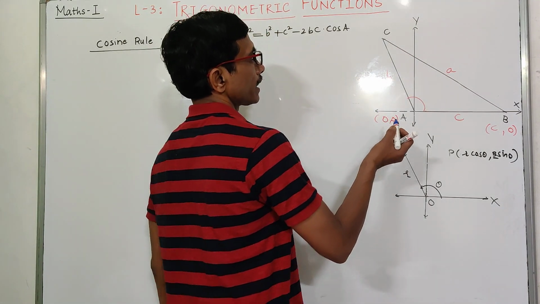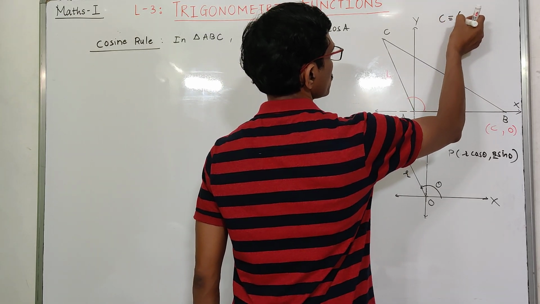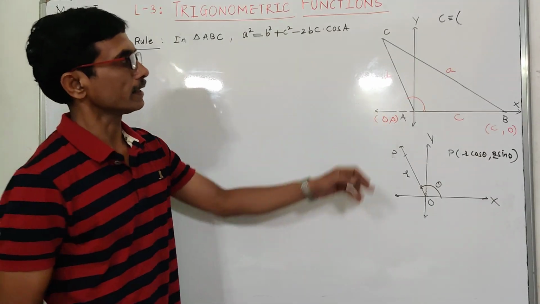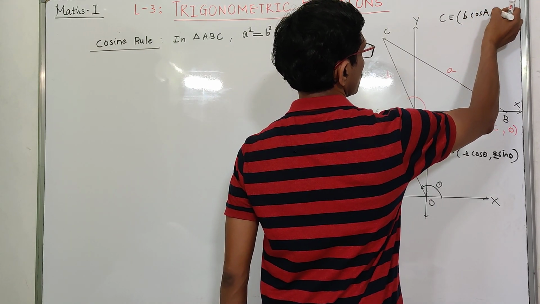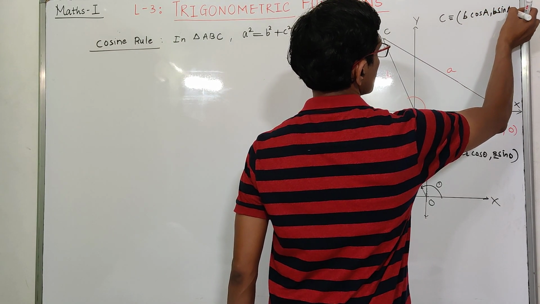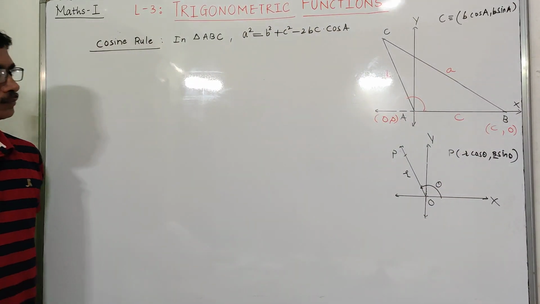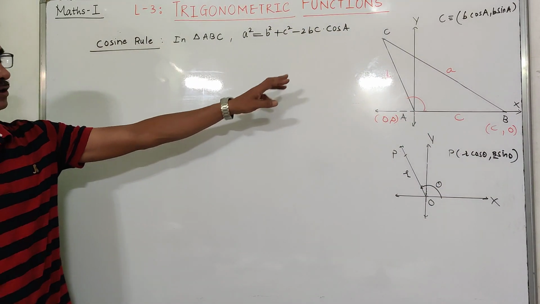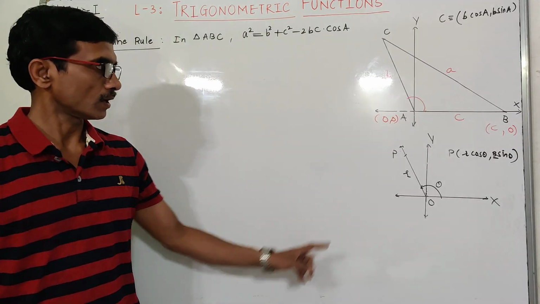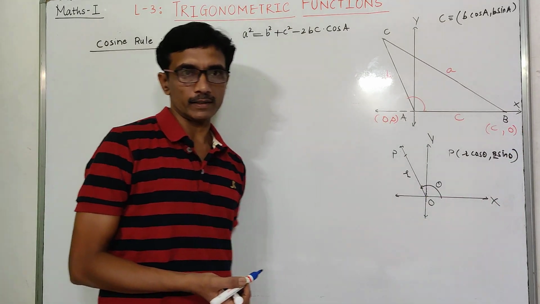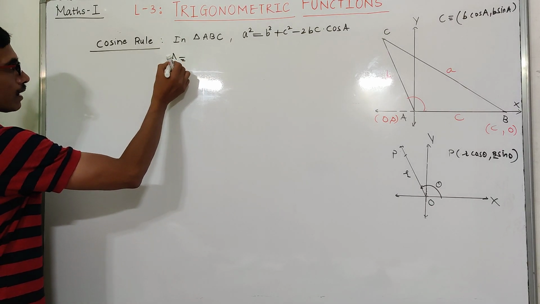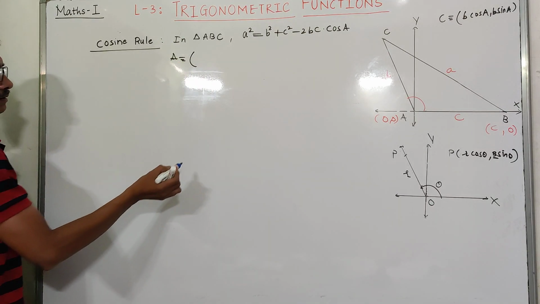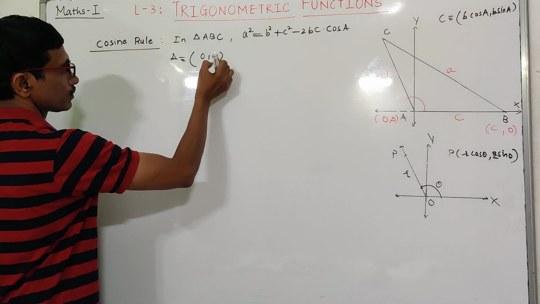So here we will write the coordinates of C as b cos A, b sin A. These are polar coordinates. So b cos A, b sin A are the coordinates of point C. Now write the coordinates of A, B and C. Coordinates of A are the origin 0, 0.